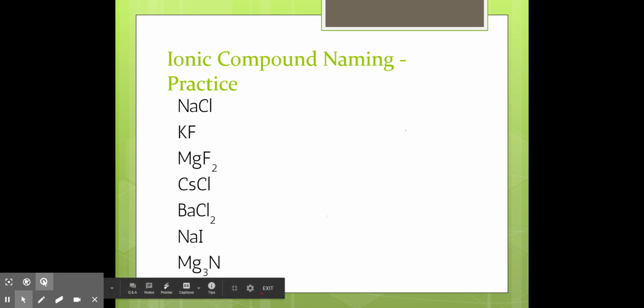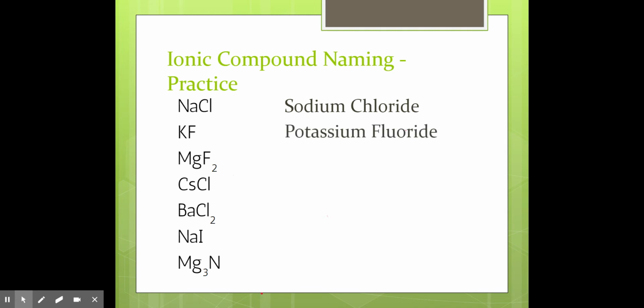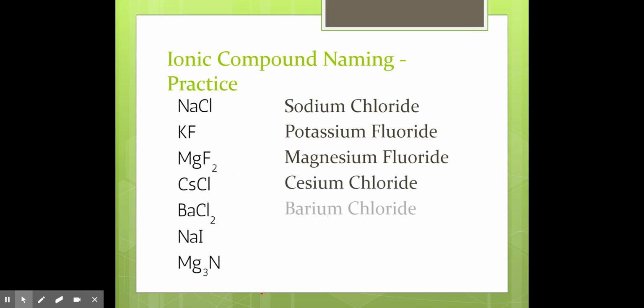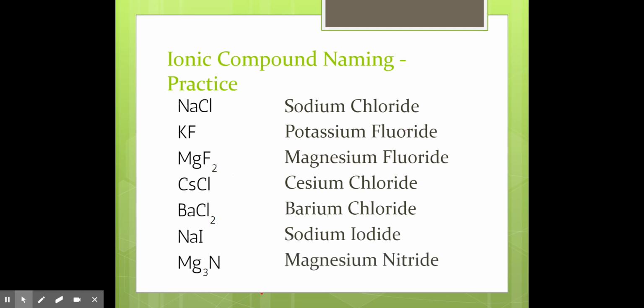So there are the names of the compounds: sodium chloride, potassium fluoride, magnesium fluoride, which we already did, cesium chloride, barium chloride, sodium iodide, and finally magnesium nitride. Okay, so that's writing names.